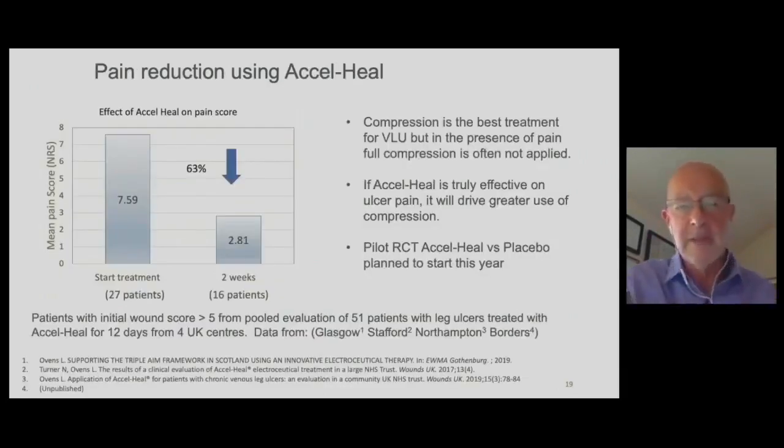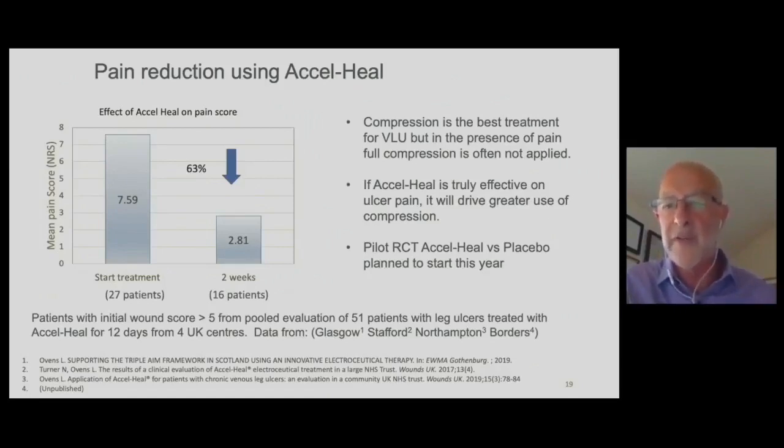Accel-Heal has been tested in venous leg ulcers. We see an effect on pain. It's not a randomized trial yet, but we hope to be able to start one soon. And it's important that for venous leg ulcers, compression is, as we probably all agree, the best therapy.